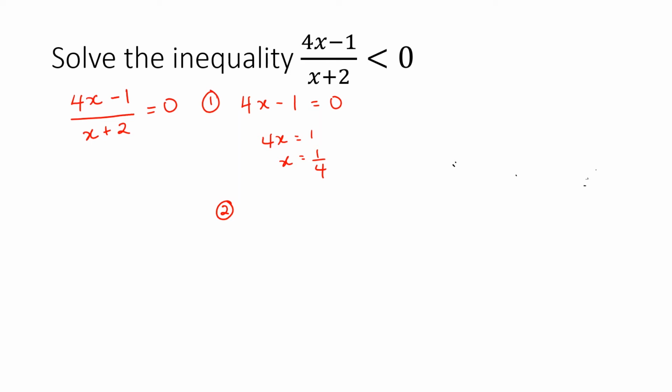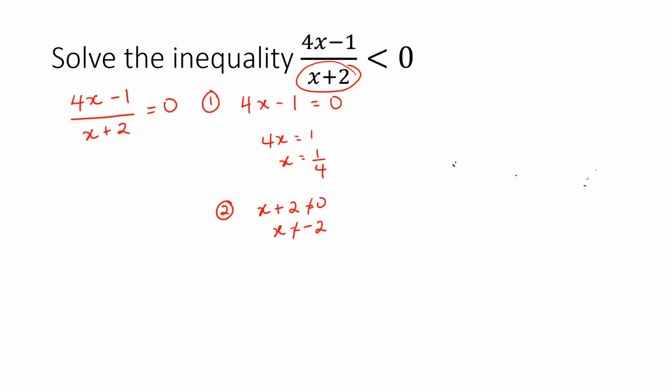We have to find the value of x that makes the denominator 0. So x plus 2 equals 0, so x is -2. But I should say that x can never be equal to -2, because if we place -2 in this, that will give us a denominator of 0, and that is not possible.